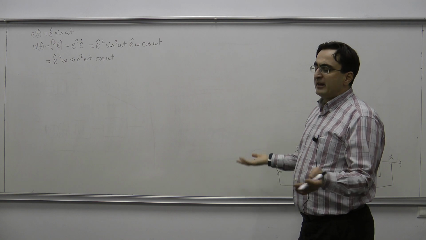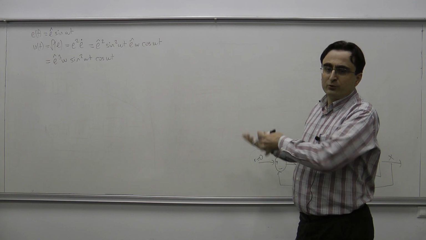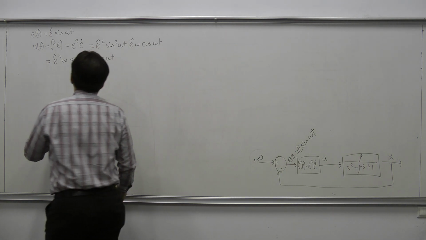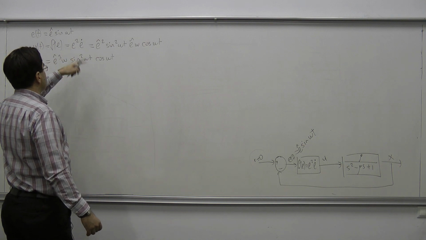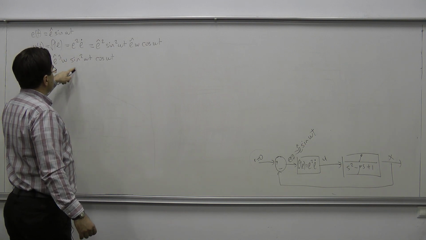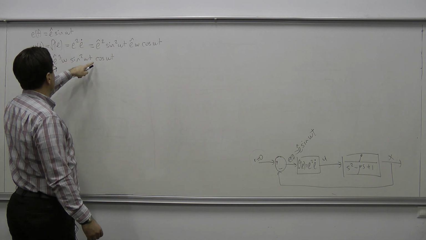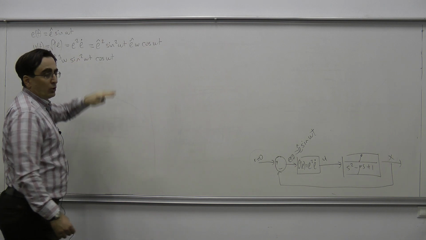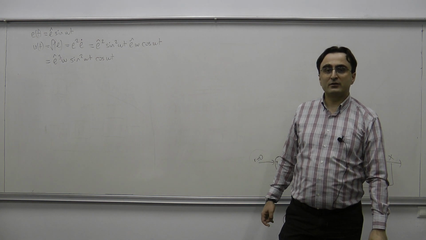So I can expand any periodic signal with frequency omega into a Fourier series representation. Okay? So I can actually expand this as the sum of sine omega t, sine 2 omega t, sine 3 omega t, etc. So I can expand this term into sine and cosine omega t and their higher harmonics. Okay?